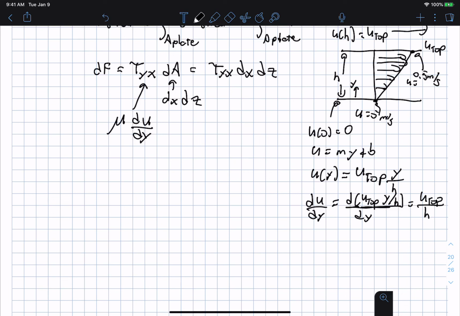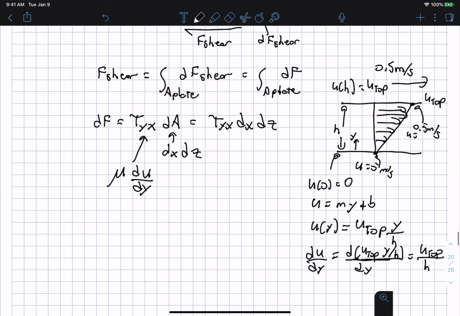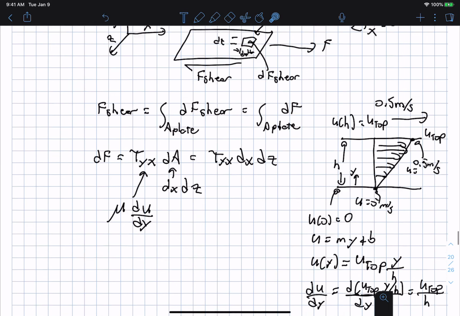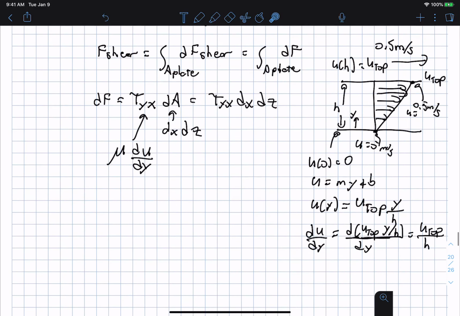Because again, we're assuming that the plate itself is not deforming, and that means that this little chunk of the plate is moving at the same velocity as this chunk of the plate back there. It'd be a really complicated problem if the plate was tearing into two pieces, but we're not going to do that. I'm not that mean.